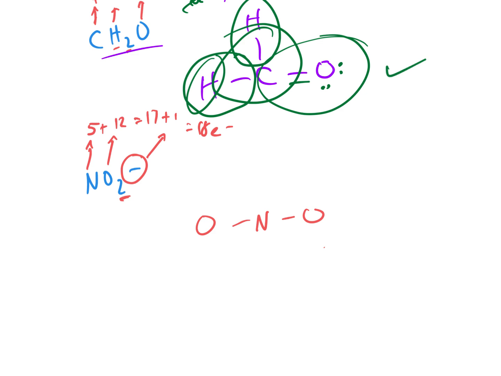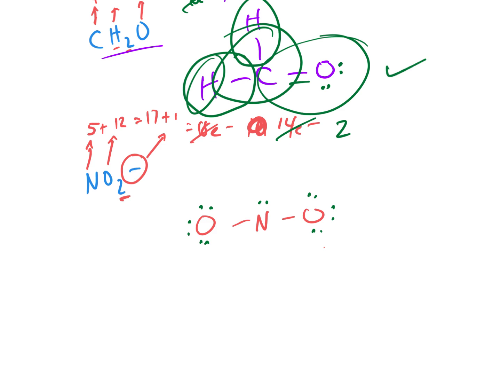How many electrons have we used so far? 4. So we have a total of 14 left. Put them around oxygen first, right? 1, 2, 3, 4, 5, 6, 7, 8, 9, 10, 11, 12. We have 2 left. The other 2 go around nitrogen.